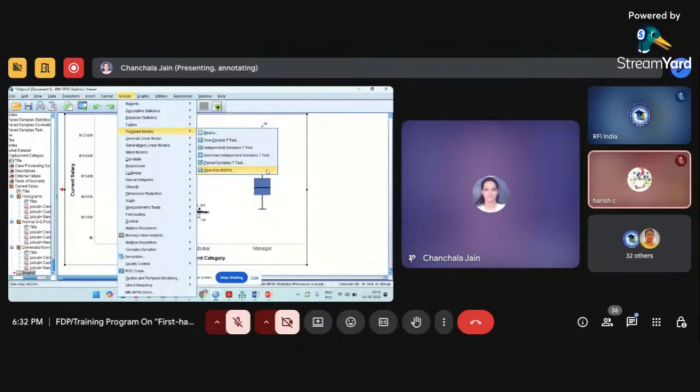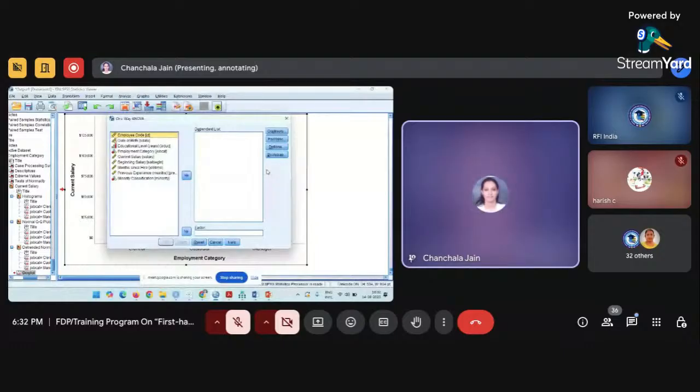Yes, ma'am. Fine. So this box is open for you. Now shift current salary into the dependent list and employee category into the factor box. Shifting done? Yes, ma'am.